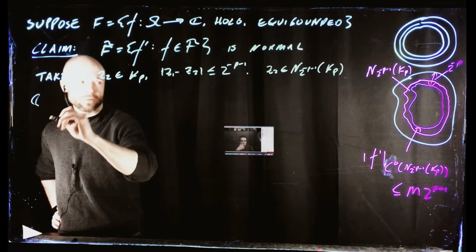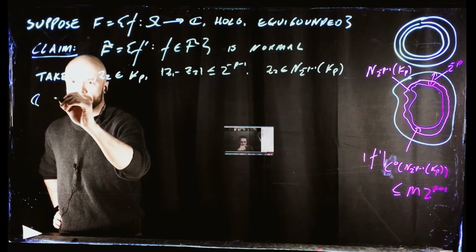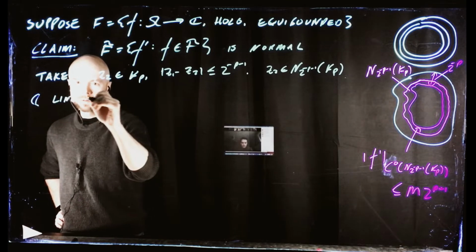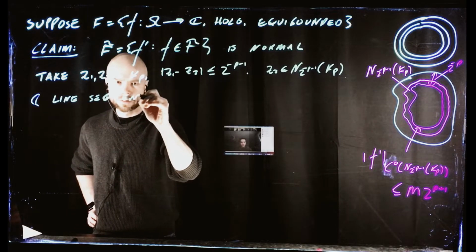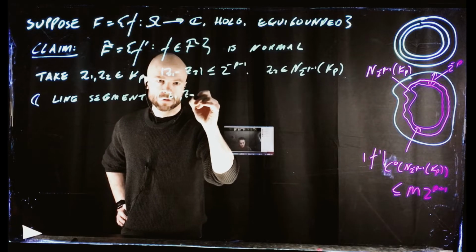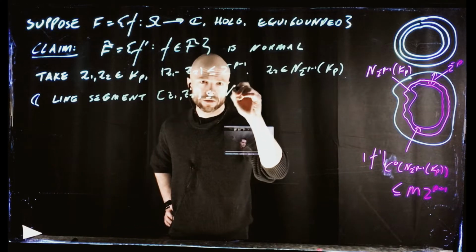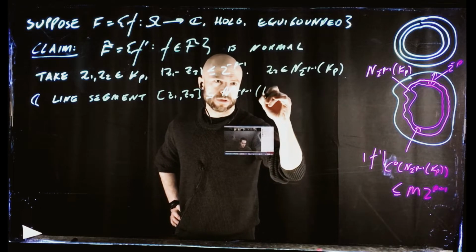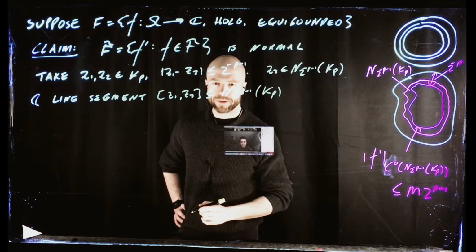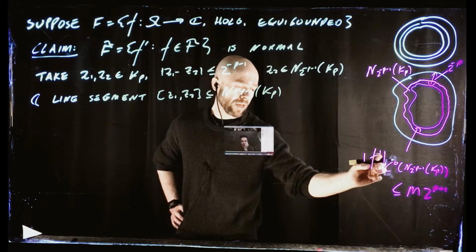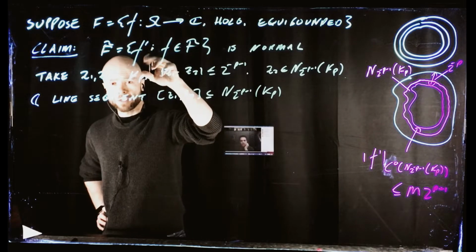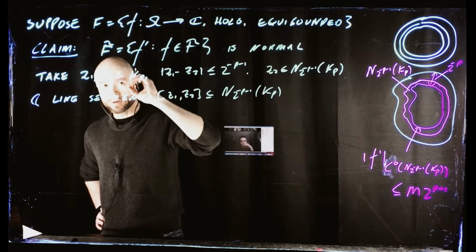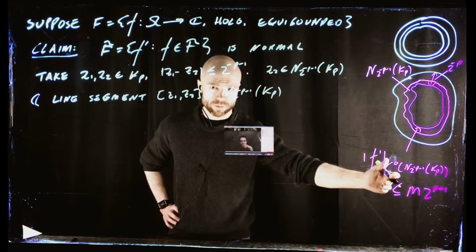And in particular, we have that the line segment z1, z2 is contained within this set. Right, that's exactly what we did last time. And previously we used the fact that on this set we have this bound on the first derivative, yeah? But since we're trying to show that this family is equicontinuous, we don't need this bound, we need a different bound. What bound do we need?